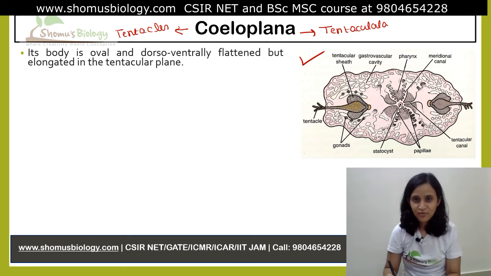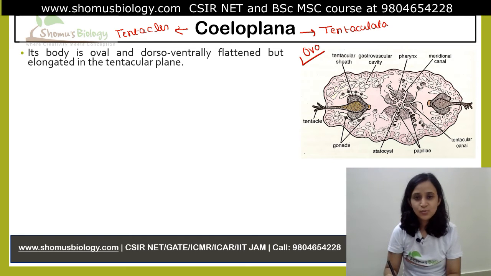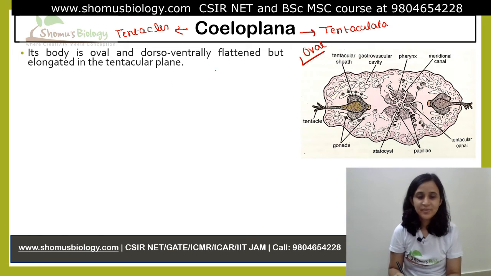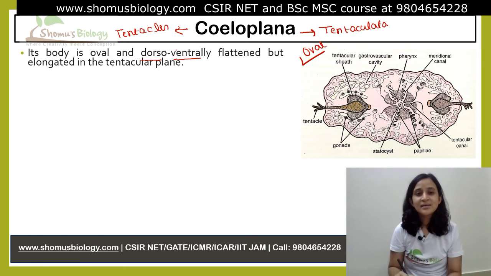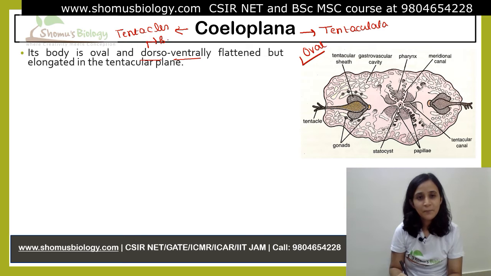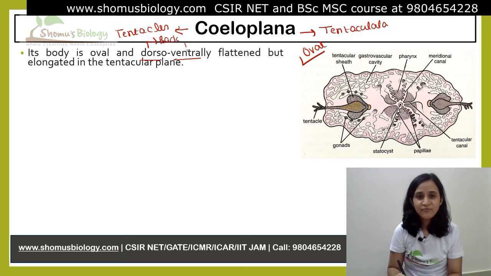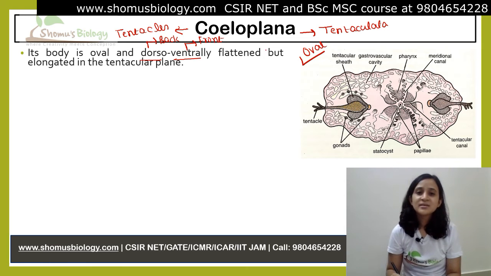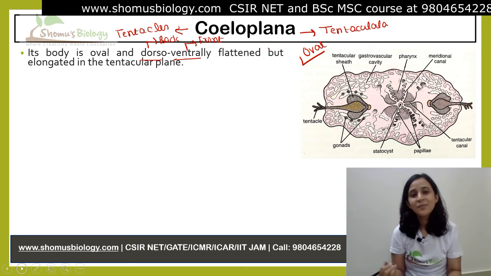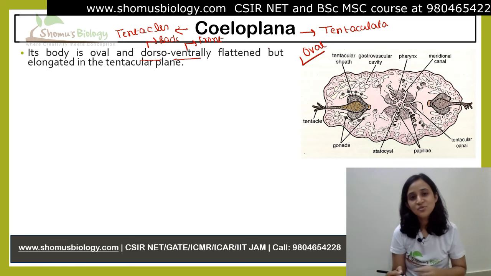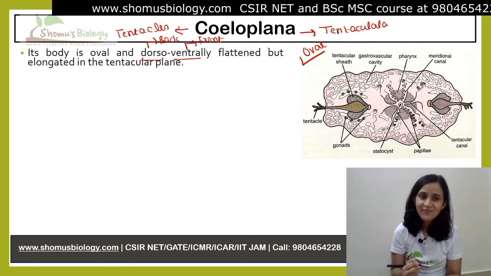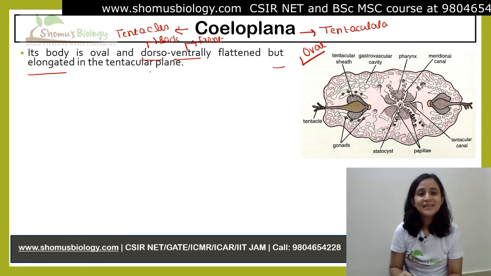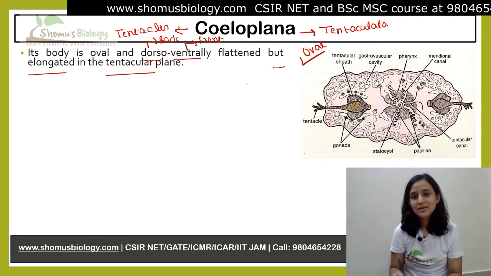That you can understand from this picture, that the body is oval and dorso-ventrally flattened. That means dorsal is the back part and ventral is the front part. So the back part and front part of the body are flattened but elongated in the tentacular plane.